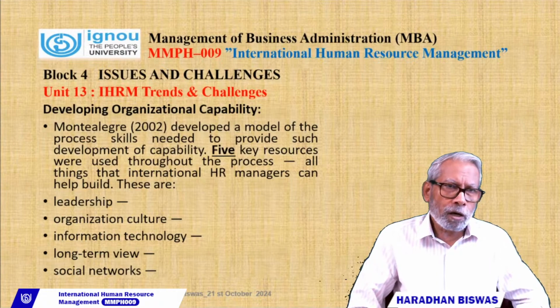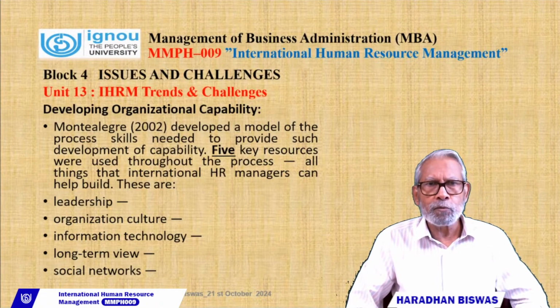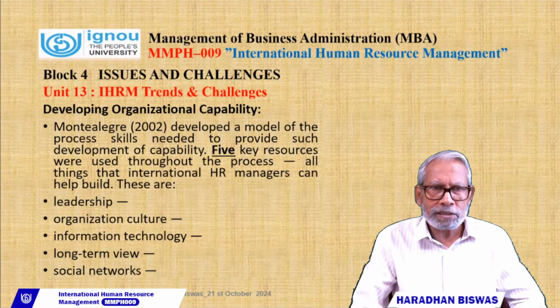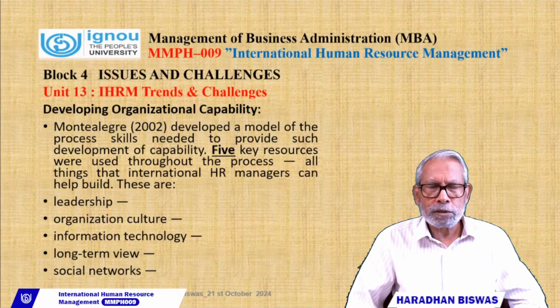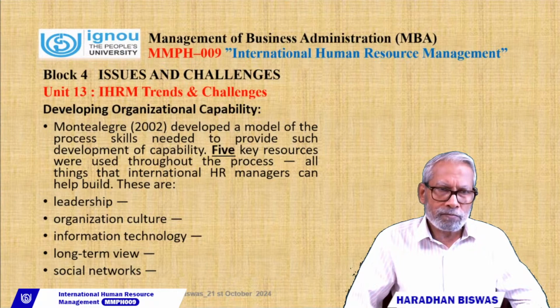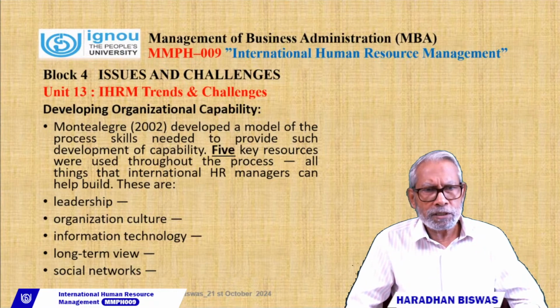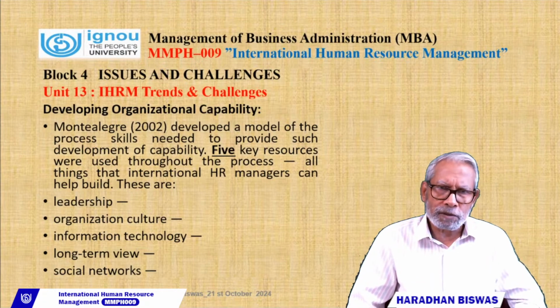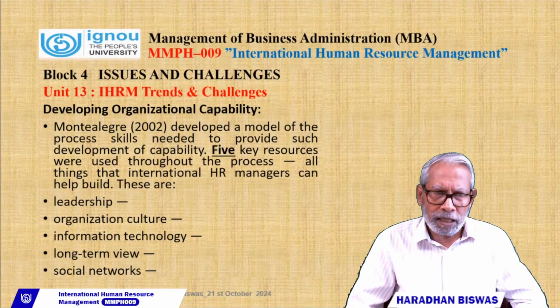Now, Mueller 2002 developed a model of the process skills needed, how skills are to be processed, and how to provide such development of the capability. There are five key resources used throughout the process, which international HR managers can help build up.